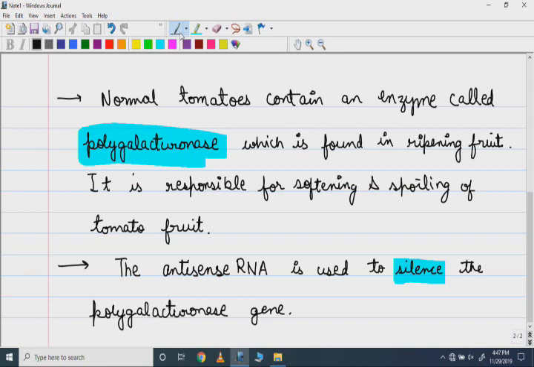In these tomatoes, the gene becomes deactivated. I'll write this statement first, then I'll move on to the next page.